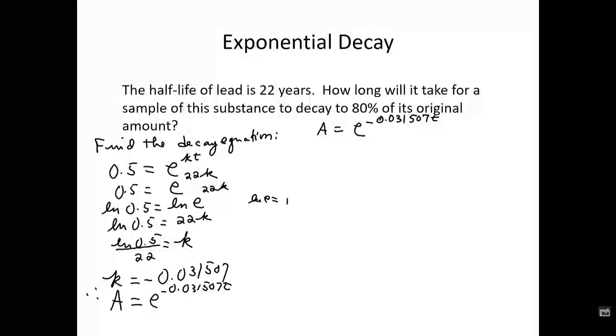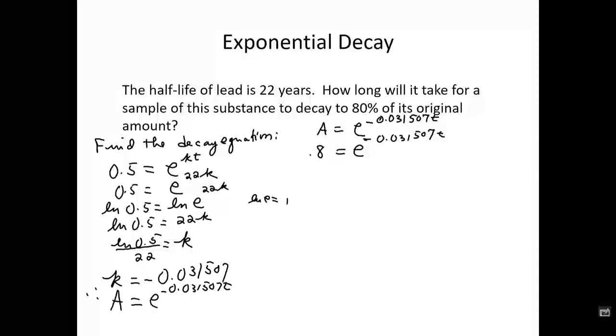And the question is, how long will it take for a sample of this substance to decay to 80% of its original amount? So we're going to have A represents 80% of the original amount. So 0.8 is equal to e to the negative 0.031507 times t.